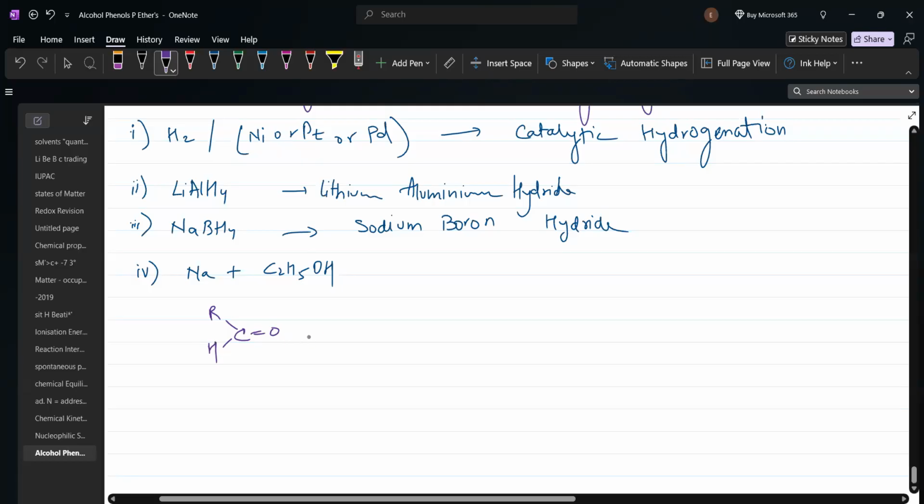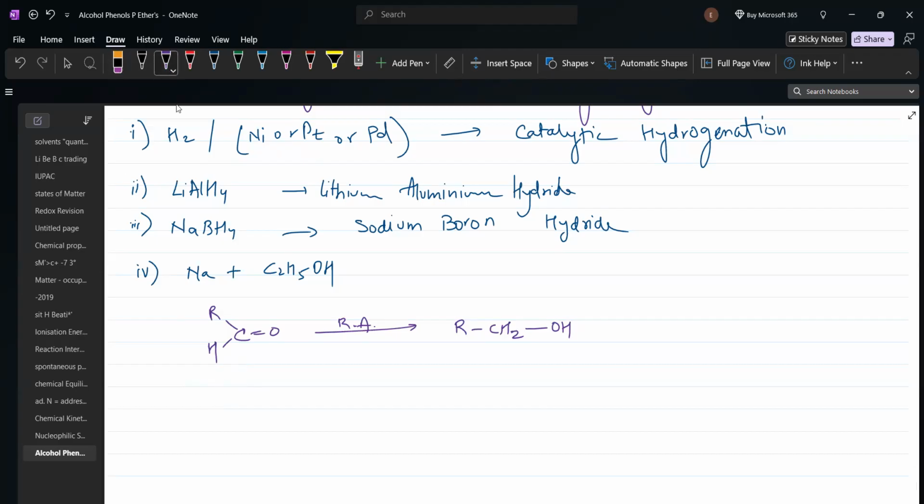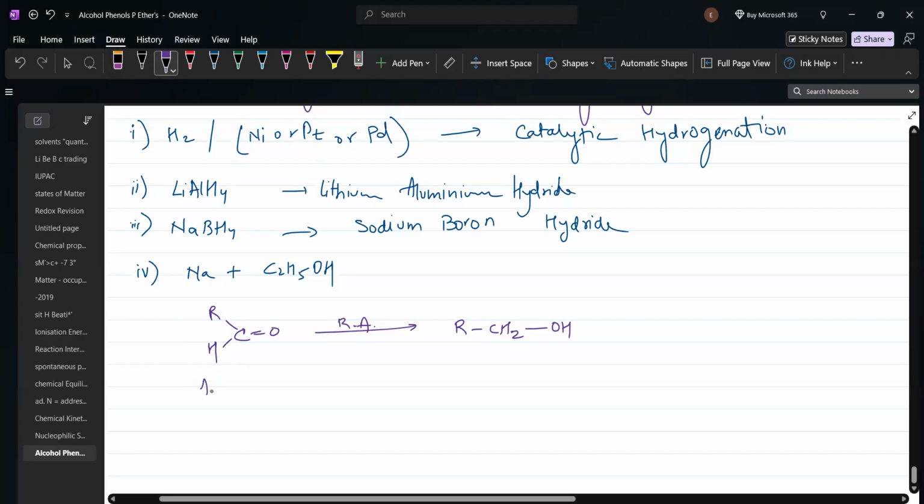With any reducing agent you take, one hydrogen will come on this carbon, so two hydrogens will be on the carbon and OH will form. And this is the aldehyde, so correct it, this is aldehyde.